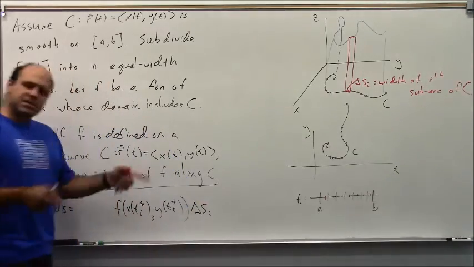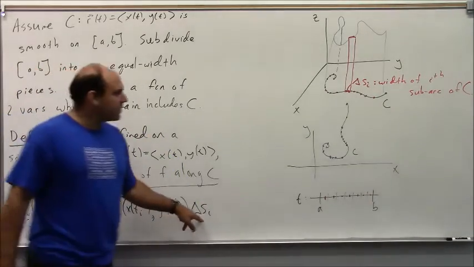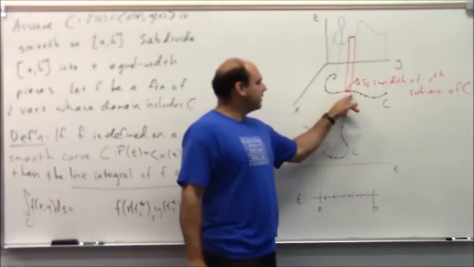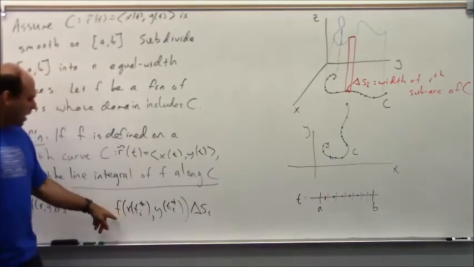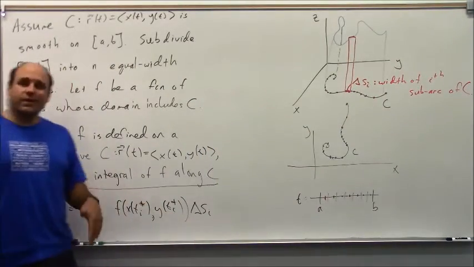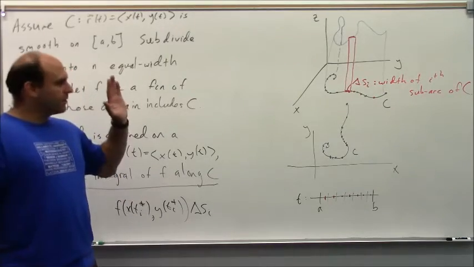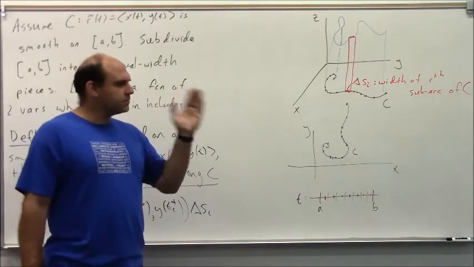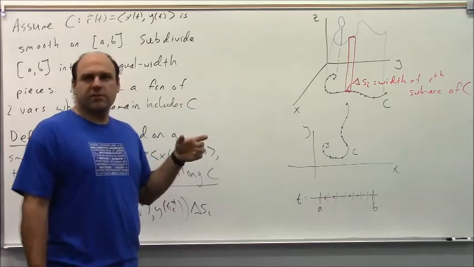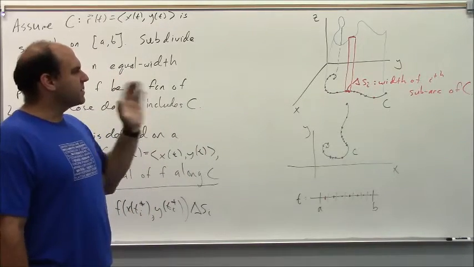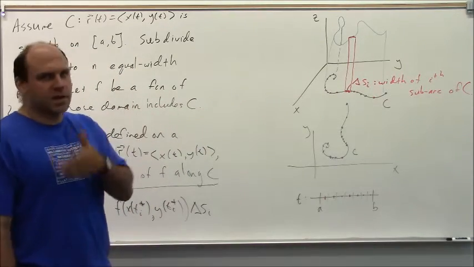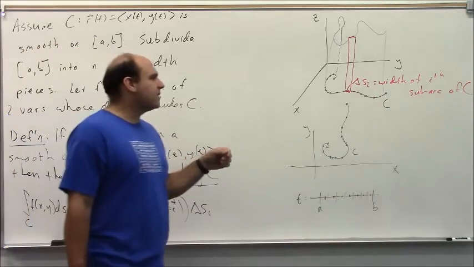So I go to the ith subinterval, I multiply by the length of my base here, and then by the height. Now it's not a rectangle, but it's a vertical surface that's a cylindrical piece, a piece of a cylinder. Not a circular cylinder, but the kind we talked about before in 12.5.